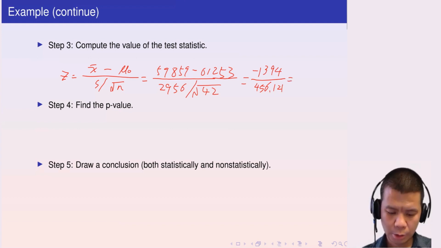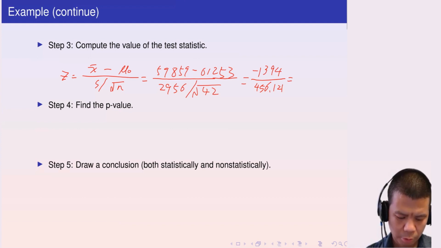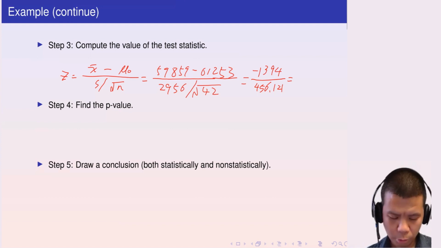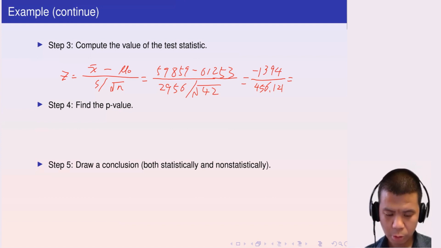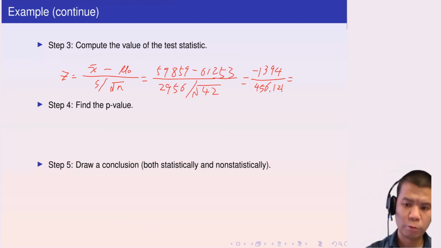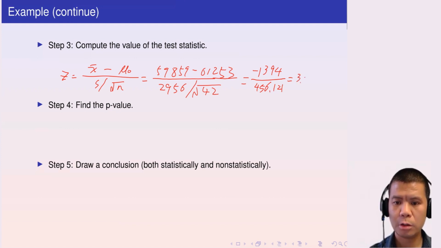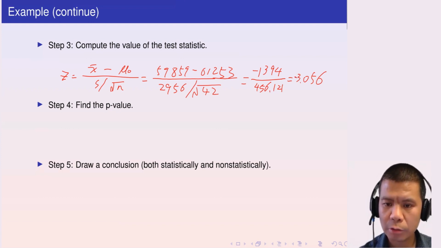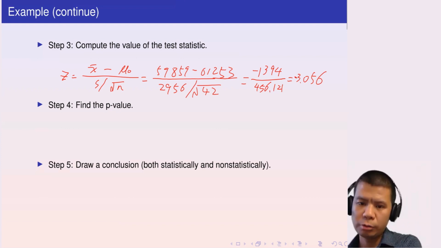So this one equals negative 1694 over 456.121, which gives us negative 3.056. Okay, so this is negative.